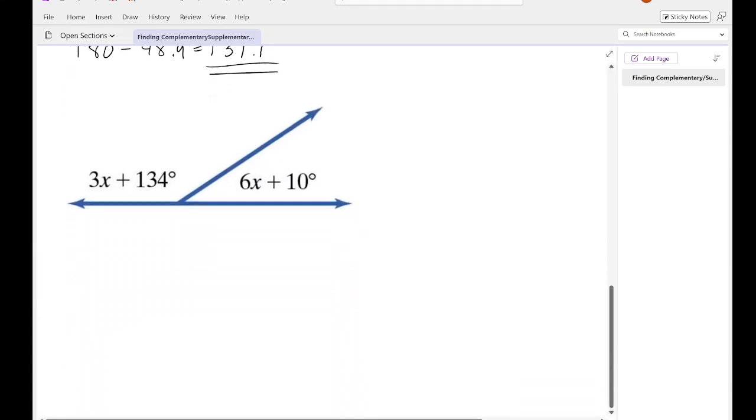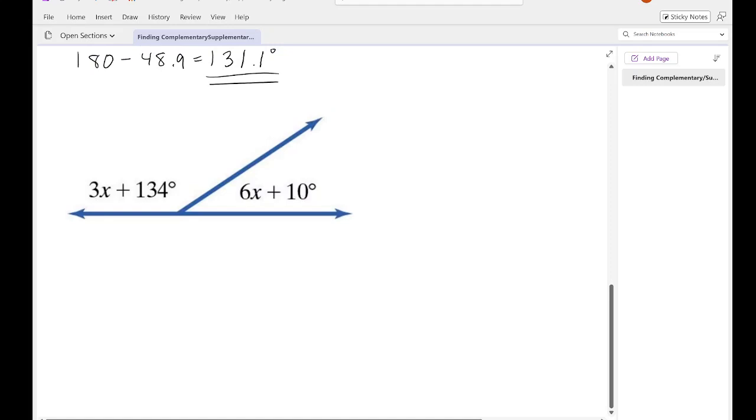Now what if I have something like this, similar to the last one? This time it's the supplementary angle. Supplementary is from end to end, 180 degrees. And I have these two angle measurements expressed as algebraic expressions. Very simple. I know that if I add these two together, I'm going to get 180.